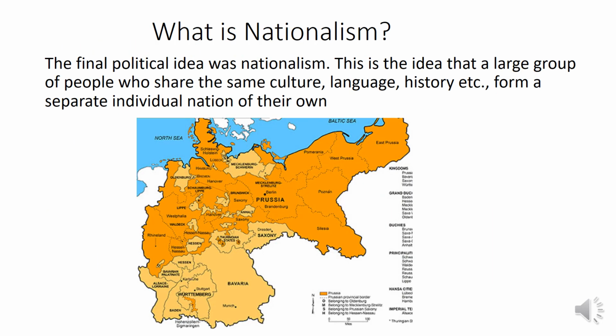Okay, now that brings us on to our final point, and that is nationalism. While reactionary policy and liberalism were opposite ends of the political spectrum, nationalism sits on its own to the side. You could have somebody who supports reactionary policy who also wanted to see nationalism. At the same time, you can have liberals who also wanted to see nationalism.